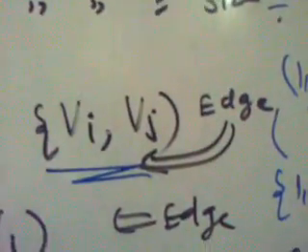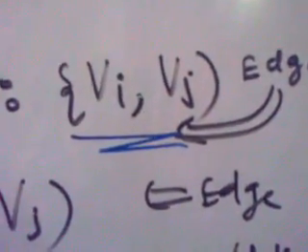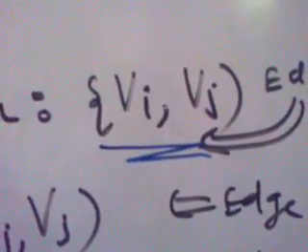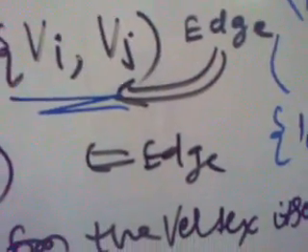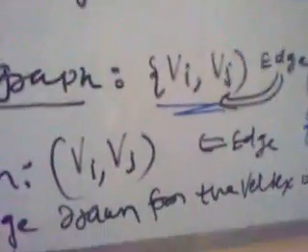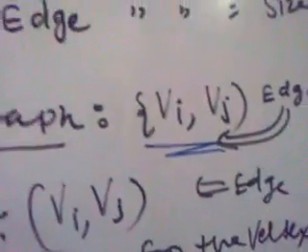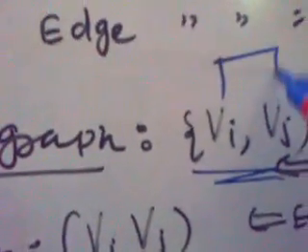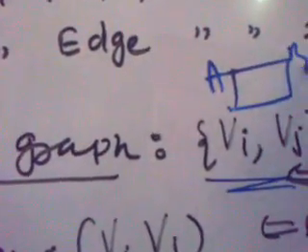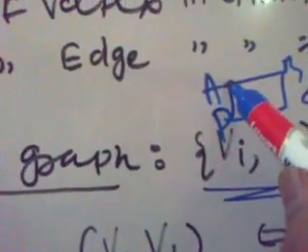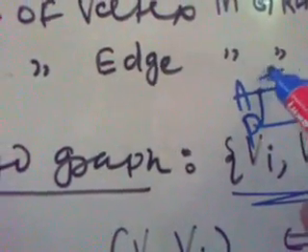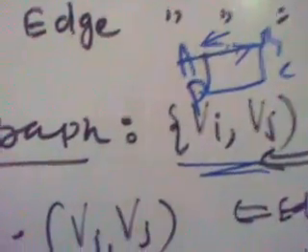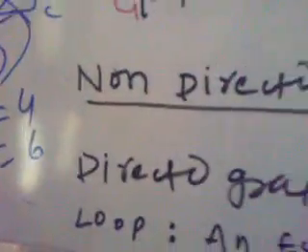In a non-directed graph, each edge is represented by a set of two vertices Vi and Vj, in any order. That means in A, B, C, D, we can go either from A to B or from B to A. These belong to the non-directed graph.